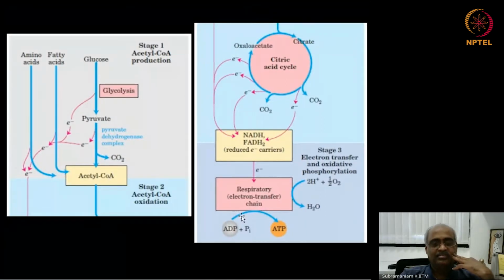and during that a proton gradient is set up, and that proton gradient drives the ATP synthesis. So this is how all this oxidation and the energy is now converted into this universal energy currency in cellular metabolism.